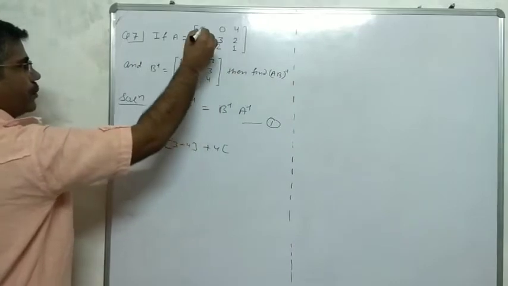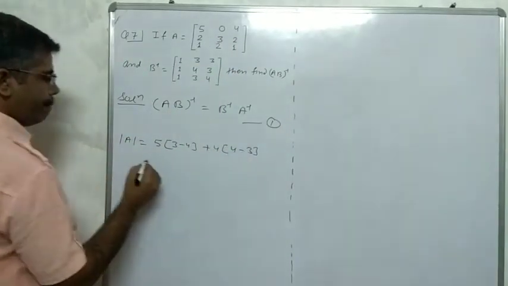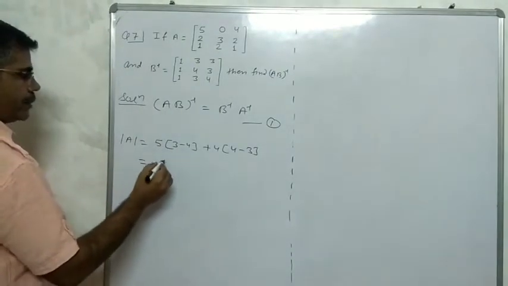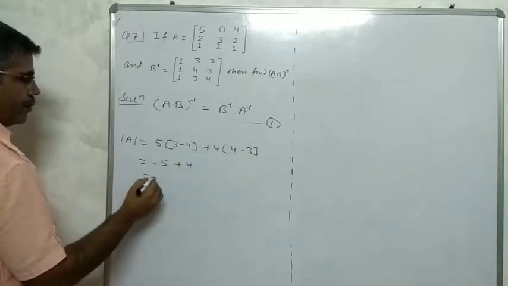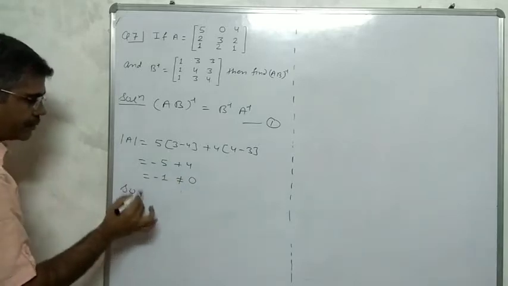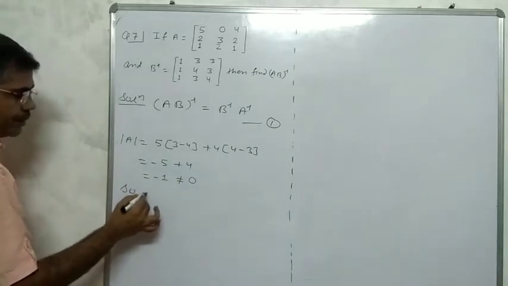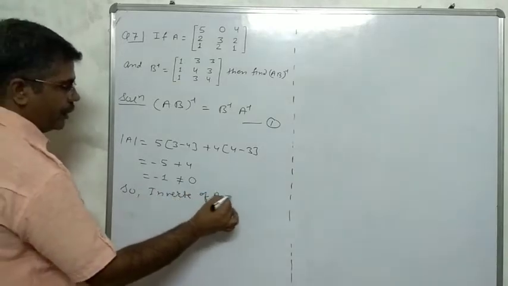Delete this column and this row: 4 minus 3. Minus 1 multiplied by 5 gives minus 5. So |A| is minus 1, not equal to 0, so the inverse of A exists.